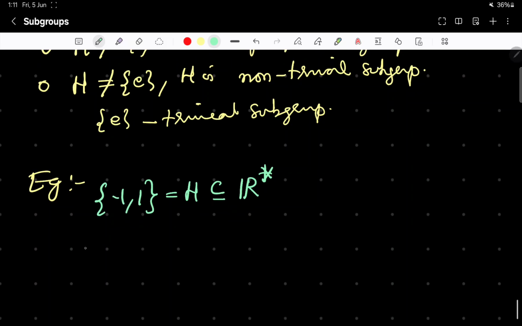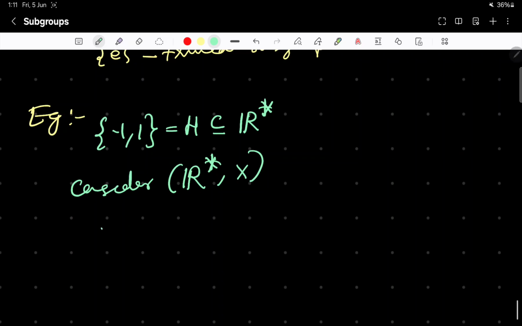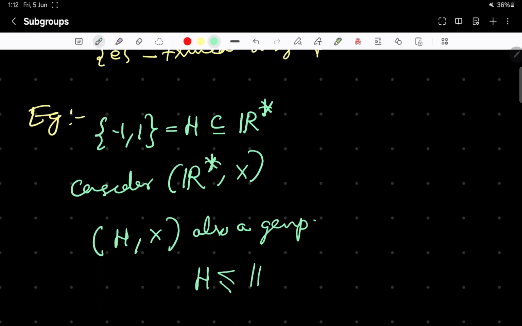Now consider the group R star under multiplication. We know that this is a group because it satisfies all the group axioms. And H under multiplication is also a group. So that makes H a subgroup of R star, right?